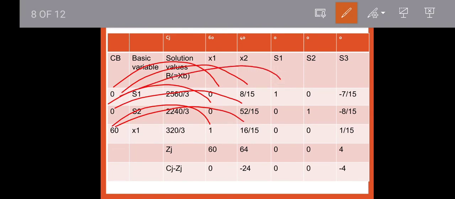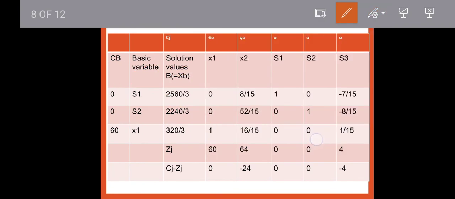Then 0 into 1 plus 0 into 0 plus 60 into 0 is 0. After doing these things, we get 60, 64, 0, 0 and 4.